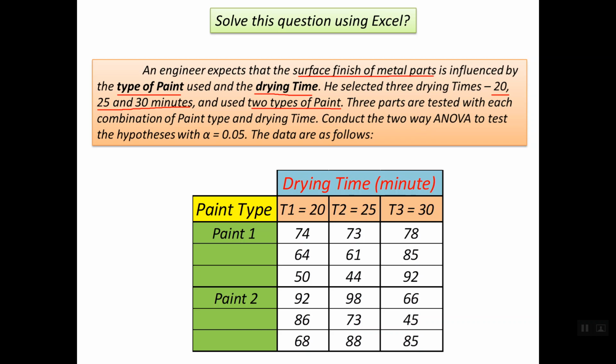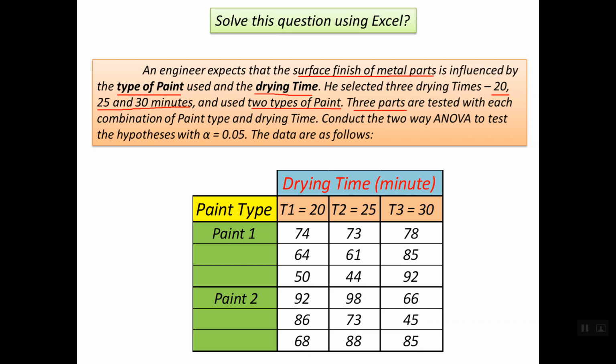So the design here is simply 2 by 3, 2 levels for the first factor, the type of paint, and 3 levels for the second factor, which is the drying time. 3 parts are tested. So we have here 3 replications for each combination of paint type and drying time.